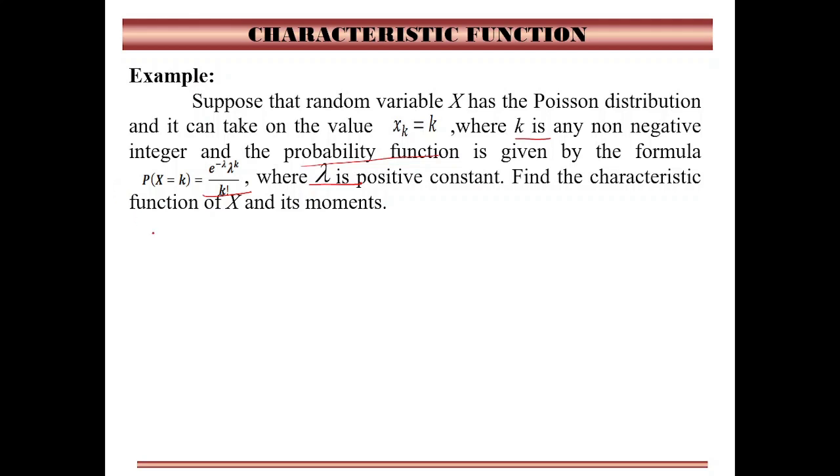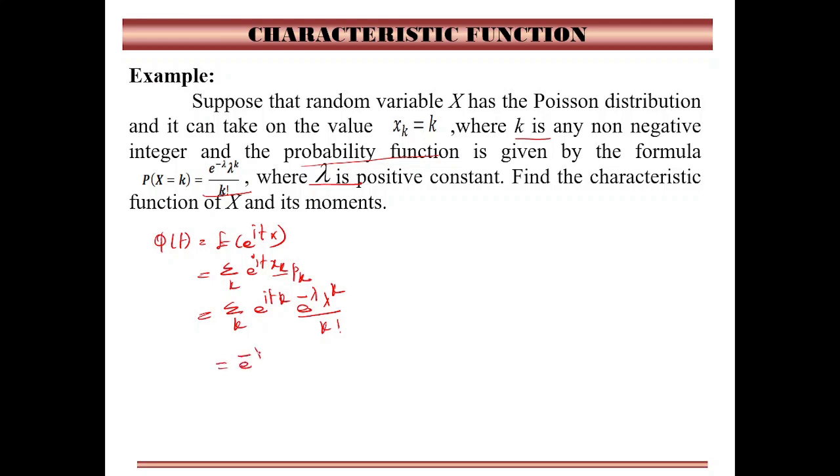Okay. So we know the characteristic function phi of t is equal to the expected value of e to the power itX, which is equal to the summation over k of e to the power itx_k into p_k. Here x_k takes the value k and p_k is the function e power minus lambda into lambda power k by k factorial.